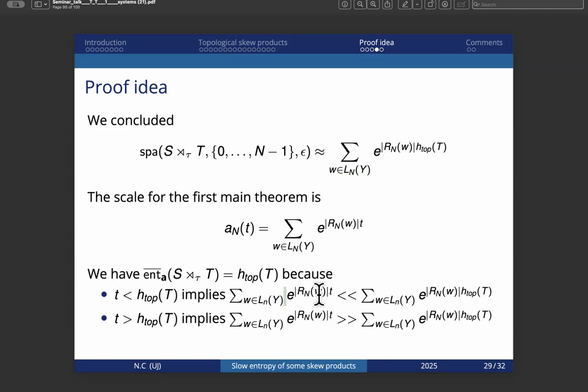If the range grows with n, then you can say that e^(range times t) is much bigger than e^(range times n times entropy).